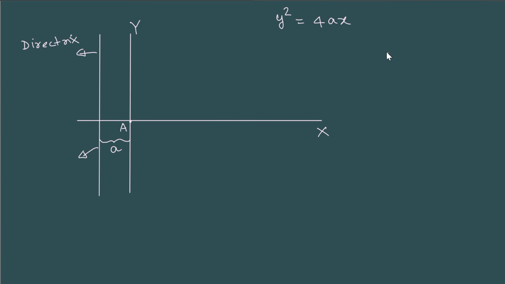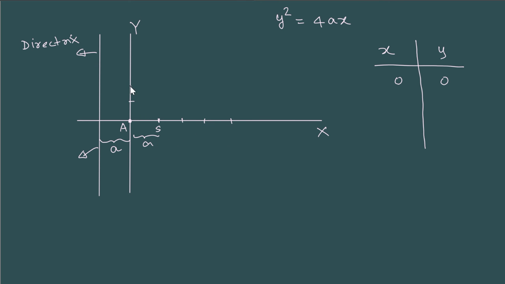Okay, so if I take few points, x and y coordinates. If x is 0, y is clearly 0. So we have a vertex there. Okay, so let's say I'm trying to get the values of x in terms of this parameter called a. Okay, so this is where we have the focus. So let's take a, 2a, maybe 3a and 4a.